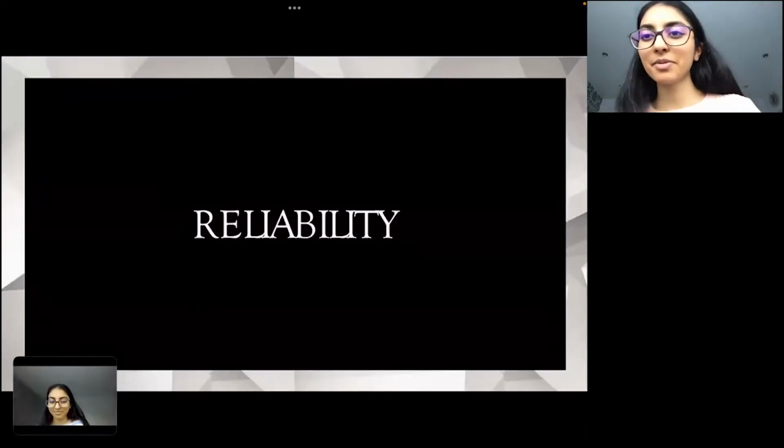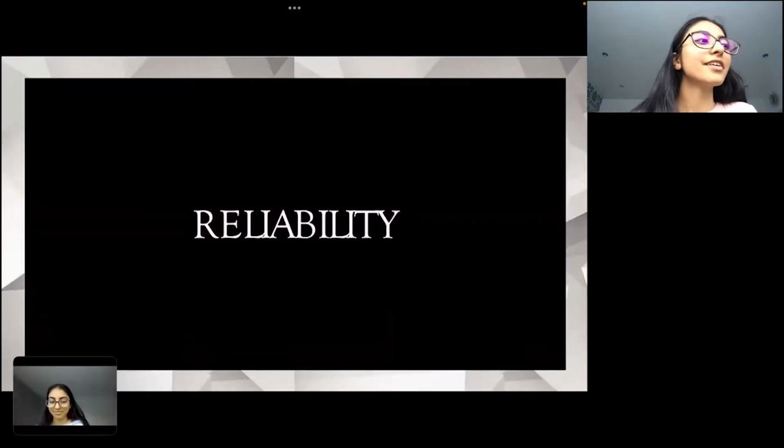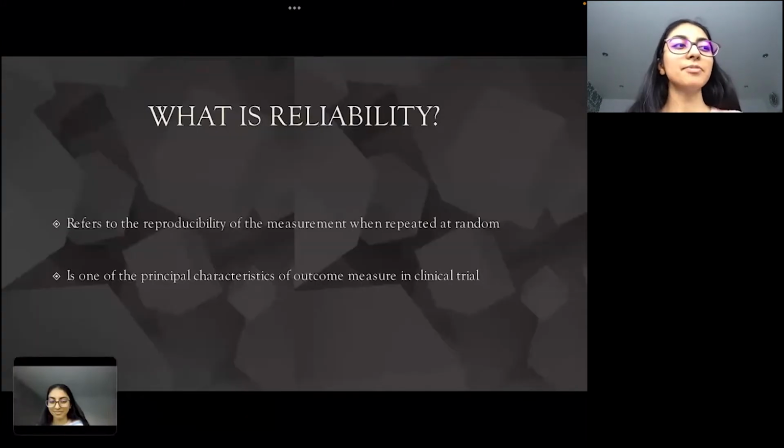Okay, so now we're going to be moving on to reliability. So what is reliability? Reliability refers to the reproducibility of the measurement when it is repeated at random in the same specimen or subject. One of the principal characteristics of an outcome measure in a clinical trial is reliability.